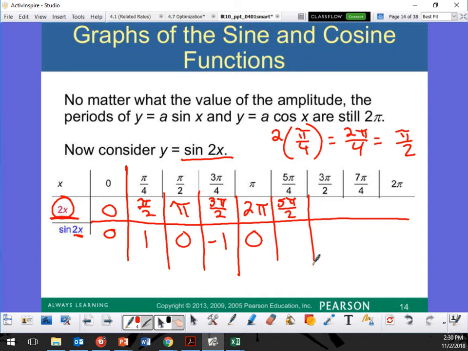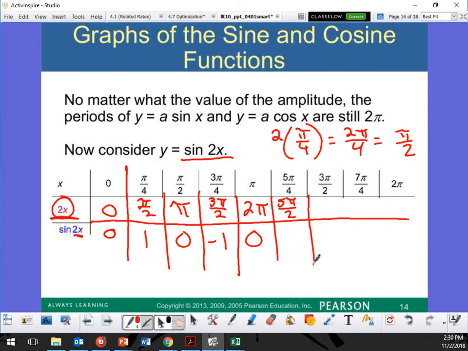Trace it over to 3 pi over 2, then 2 pi. So now where do you think 5 pi over 2 is going to be? Pi over 2. Excellent, it is going to be at pi over 2, isn't it?